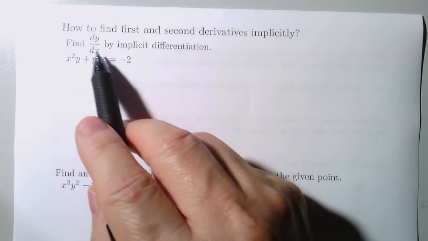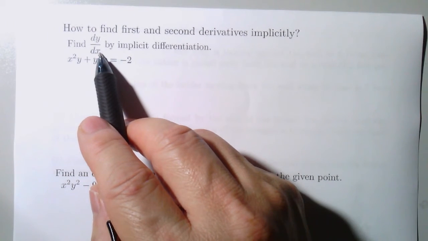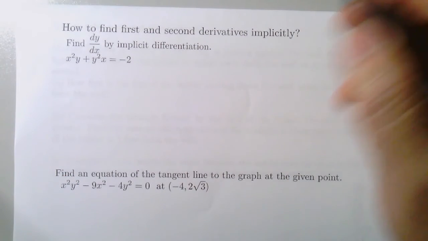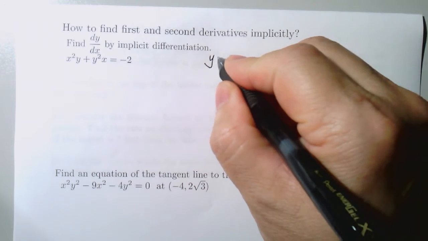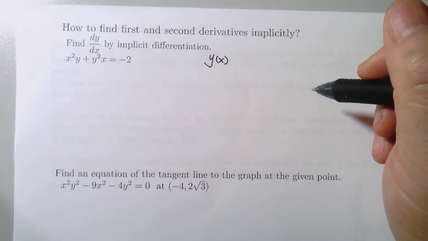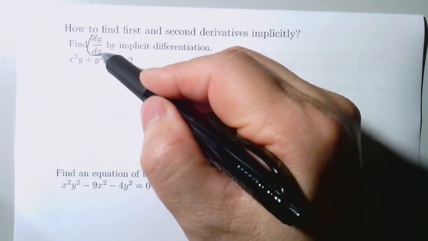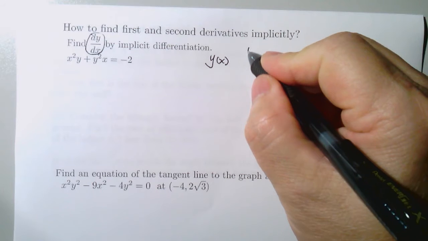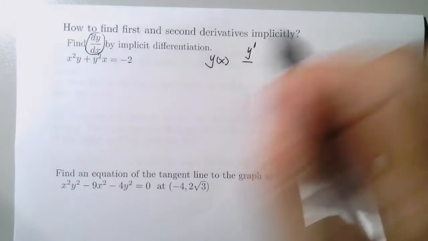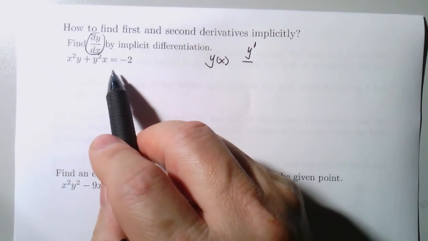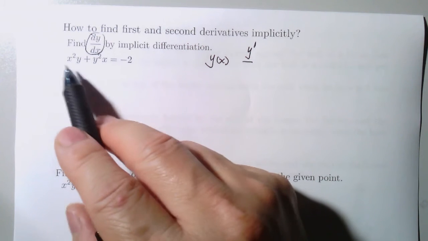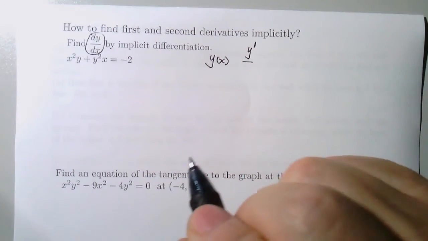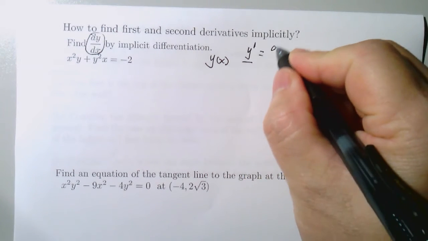Remember, when we find a derivative implicitly, we consider y a function of x, which means y depends on x. That's why we use dy dx. Sometimes if you just use y prime, when these two variables are put together, people forget and say, oh, the derivative of x is 1, so y's derivative also equals 1. That is not true. The y prime is dy dx.